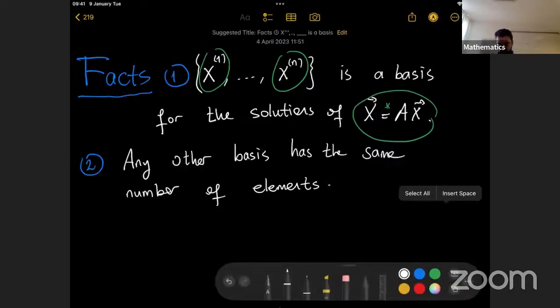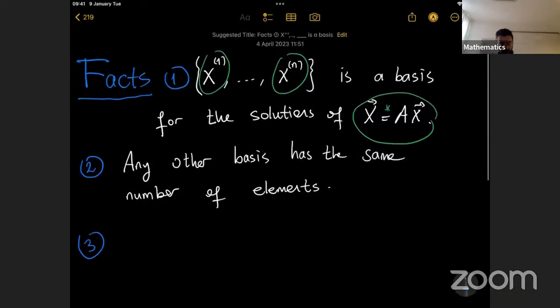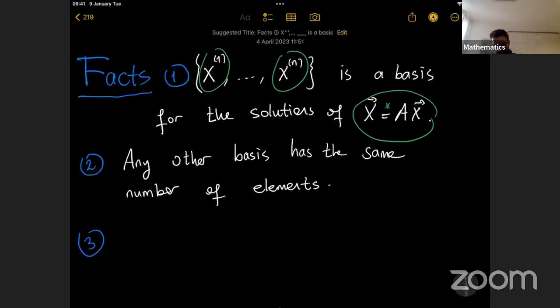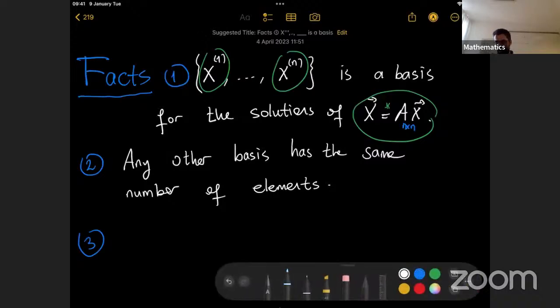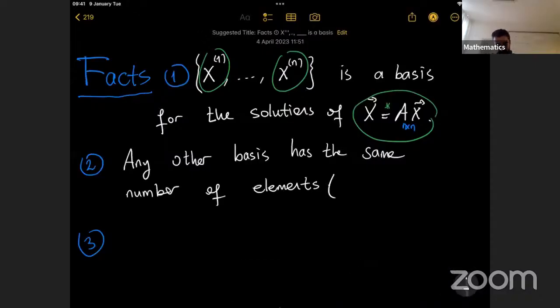And we're talking about here the system with n equations and n unknowns. So this is an n by n matrix, okay? Then any basis has n solutions, n elements, namely n vectors, okay? n many vectors.